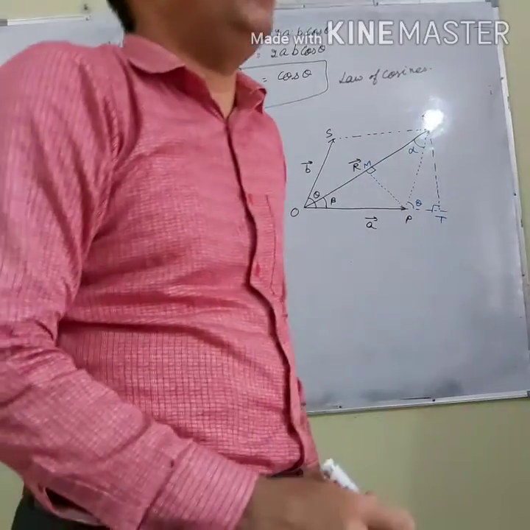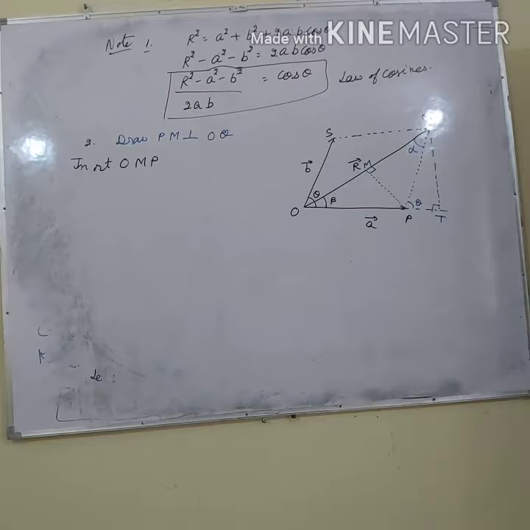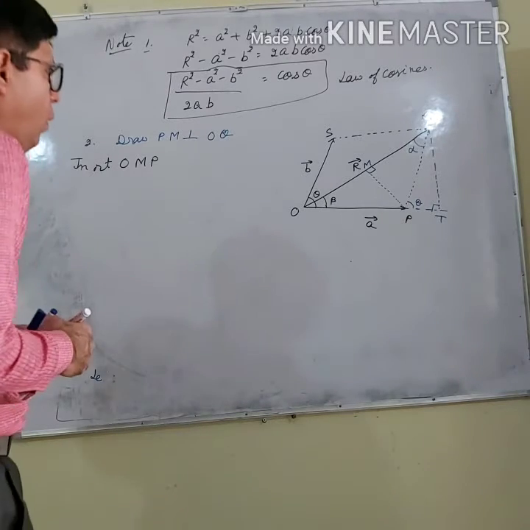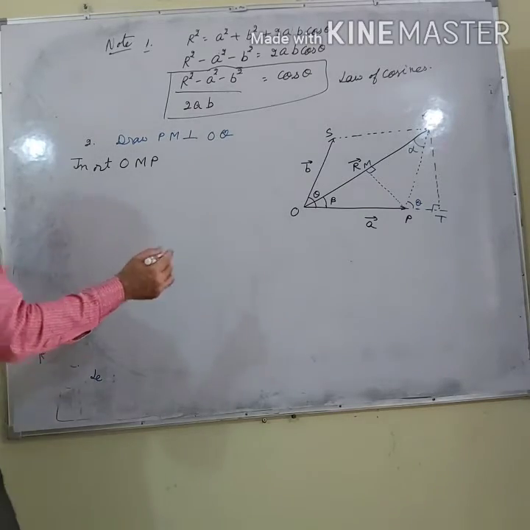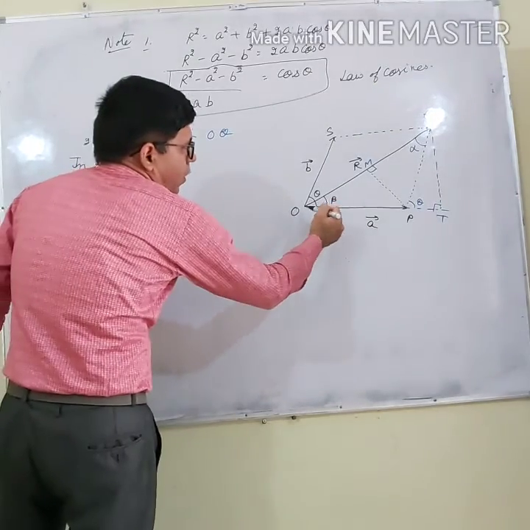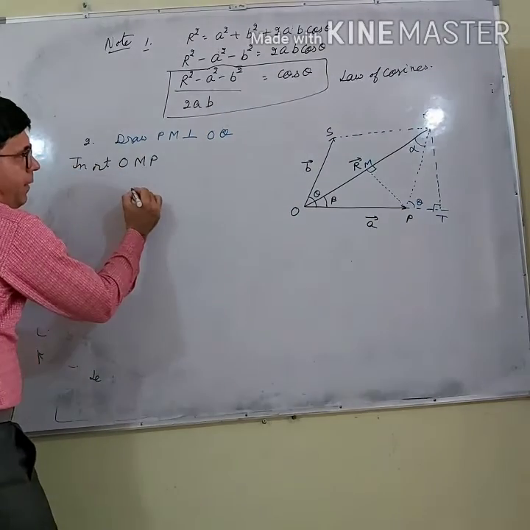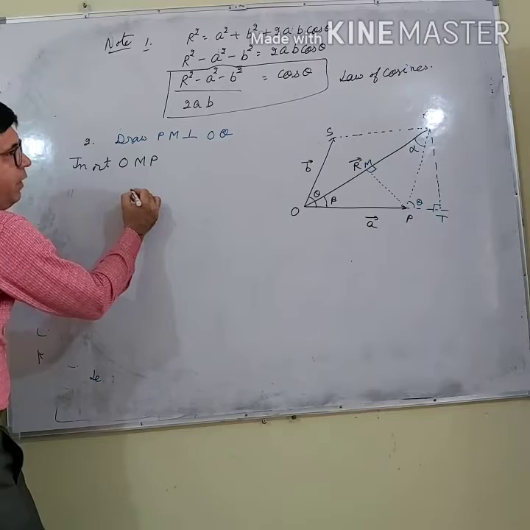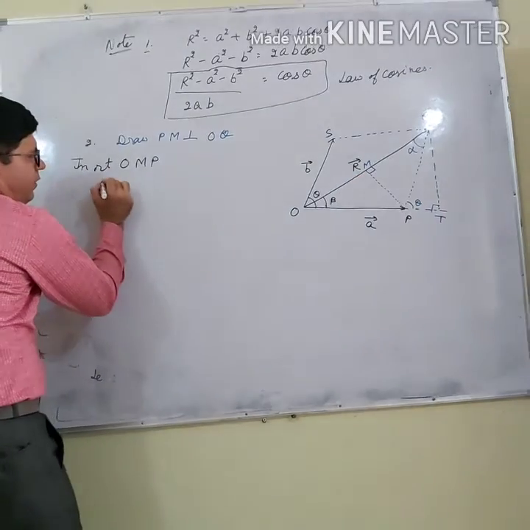Now in right triangle OMP, what is the perpendicular? This is the base, this is the perpendicular.